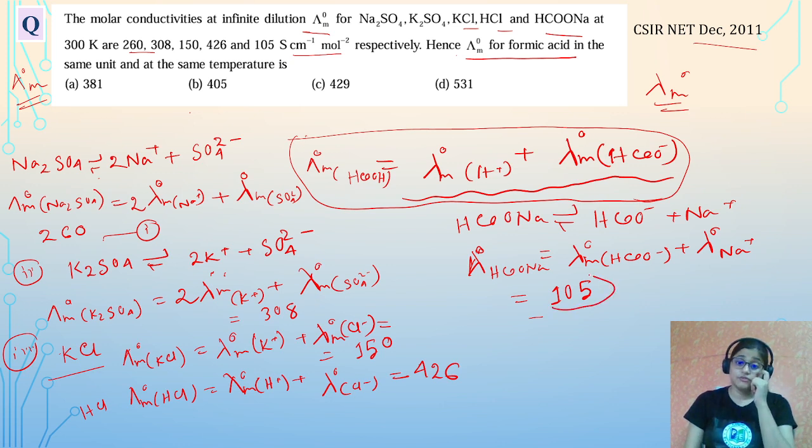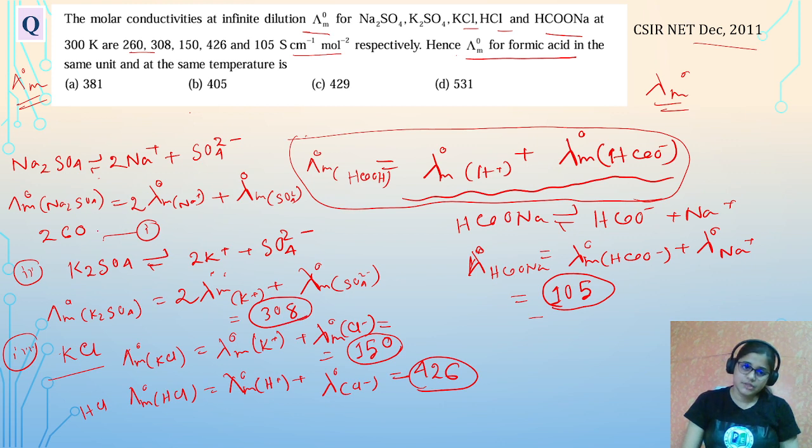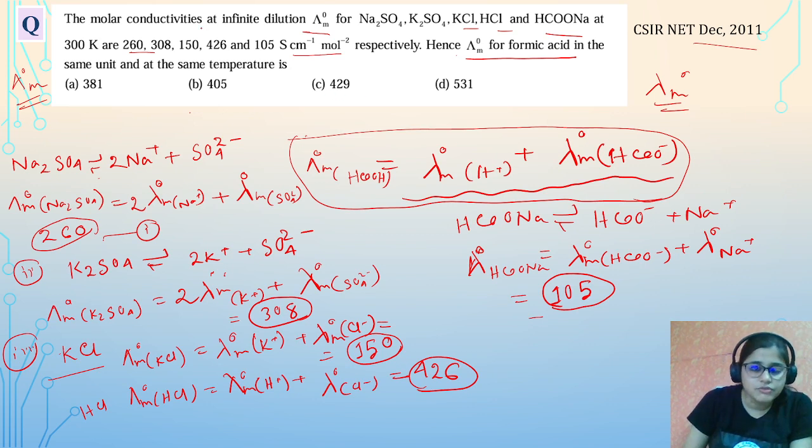So these are the values: 105, 426, 150, 308. The individual values are like this: 1, 2, 3, 4, 5. Five values are there, right?